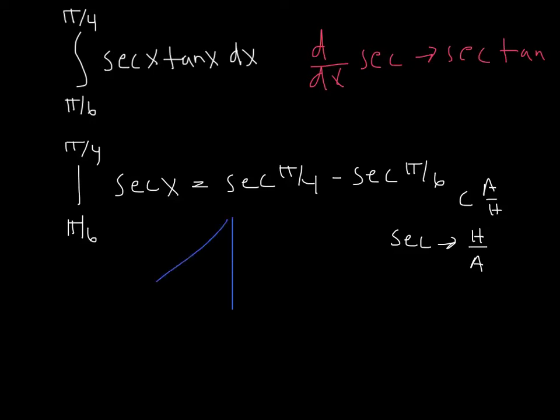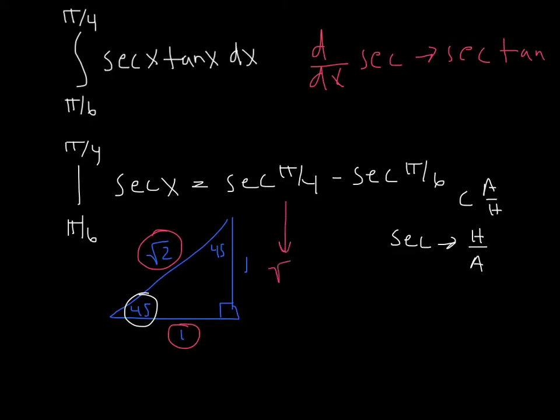So if we have a 45, 45, 90 triangle, the sides are 1, 1, root 2. And if we're looking at that angle there, 45, then it's going to be the hypotenuse, which is root 2, over the adjacent. So this is going to end up giving us root 2.